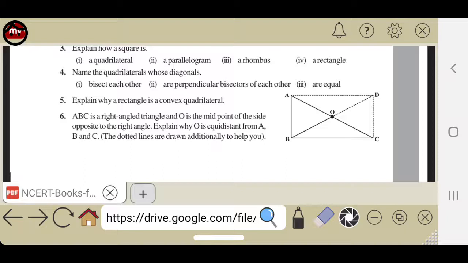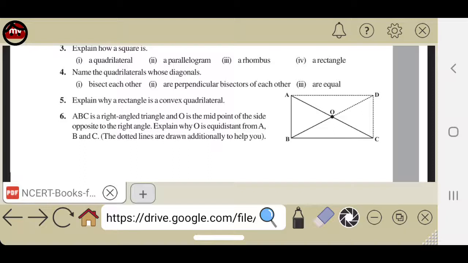Here, since the chapter is quadrilaterals, we can draw one more triangle. You can join AD and BC, so that BO equals OD. It is given that AD is parallel to BC and AB is parallel to DC.